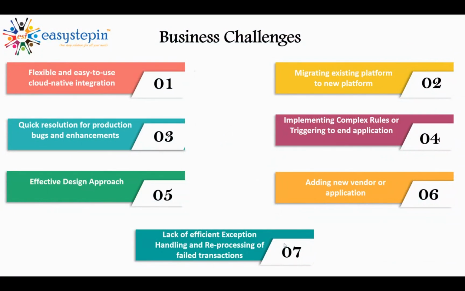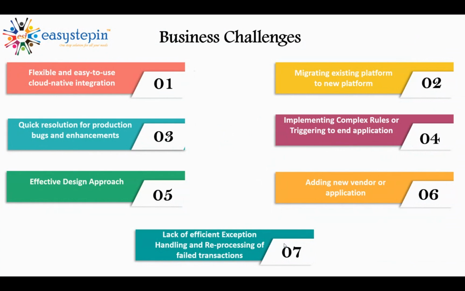So, what are the business challenges? The first is they were looking for a flexible and easy to use cloud native integration, and migrating the existing platform to the new one. If any issues or bugs are found in production, they wanted a quick resolution.